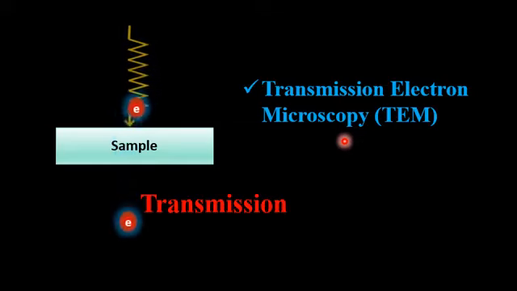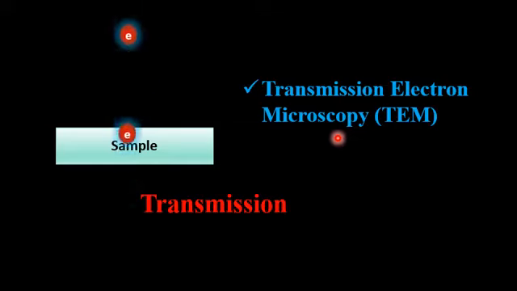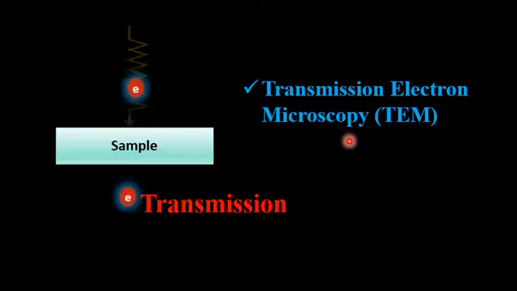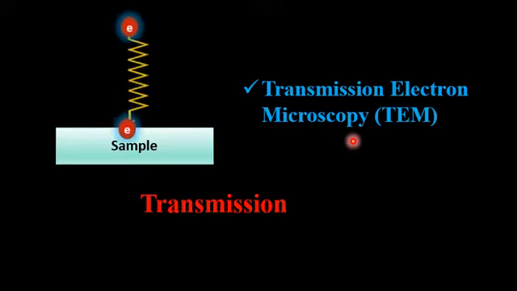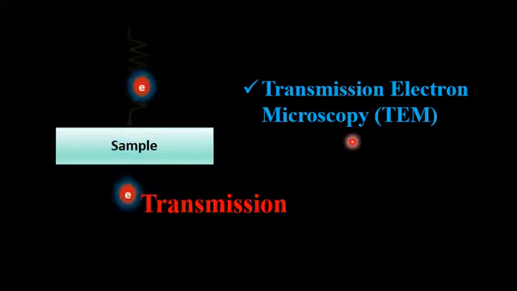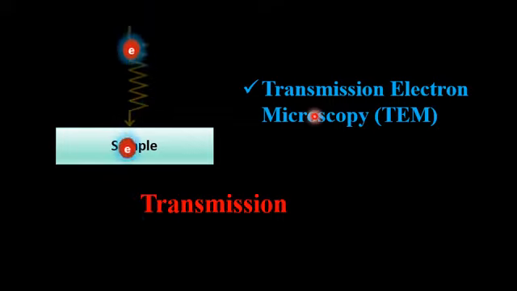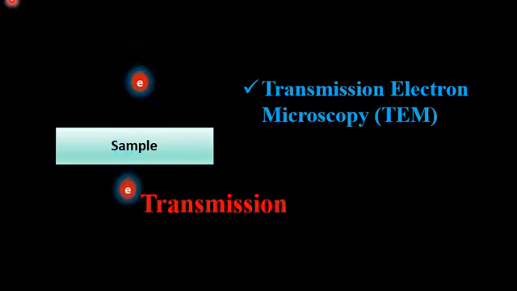Dear student, please note that the accelerating voltage, or the energy of the incident beam of electrons, is quite high in transmission electron microscopy. Around 100 kilovolts to 300 kilovolts is used to accelerate the incident stream or beam of electrons to pass through the specimen.